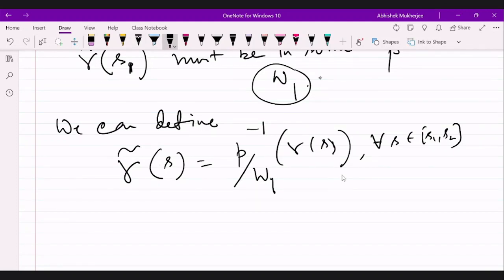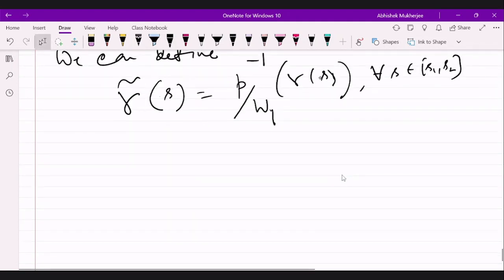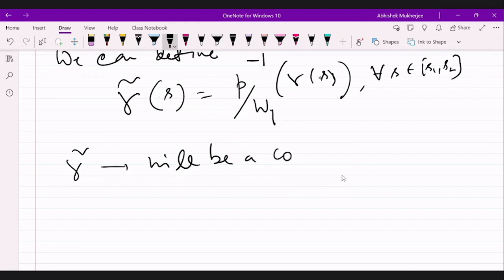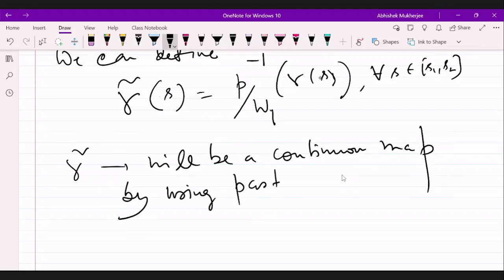So using the pasting lemma, you can say that ultimately the gamma tilde that can be defined on each subinterval will be a map from the whole interval 0, 1 to the covering space of X, and that will be a continuous map by using the pasting lemma. Great.